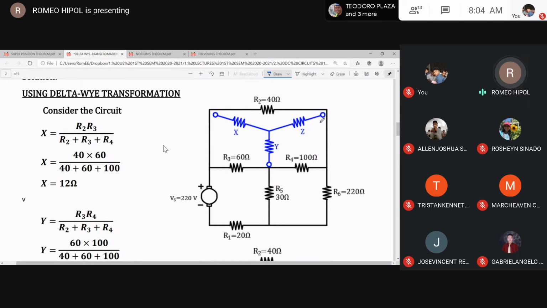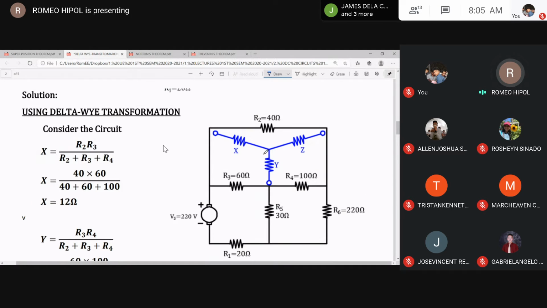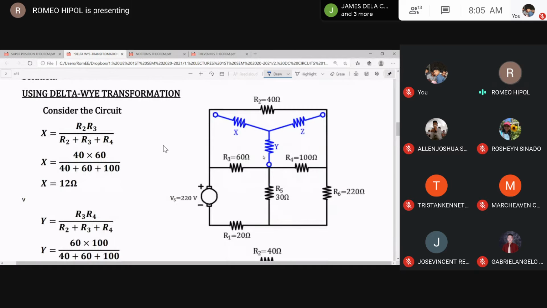Okay, ito na yung conversion from delta to Y. So, pwede kayong mag-set ng terminal. Sabihin nyo, or you can set terminal A, terminal B, terminal C. So, small letters lang para meron kayong note regarding the connection of the converted resistances.